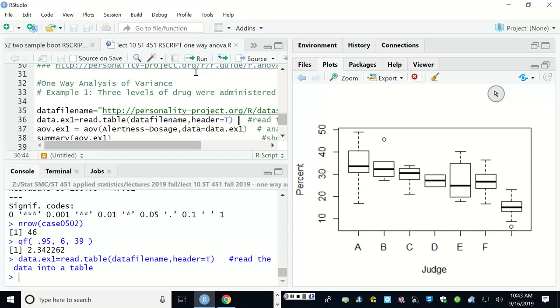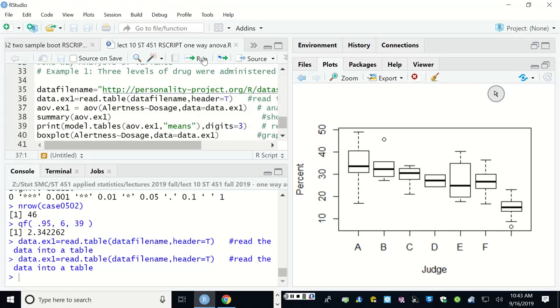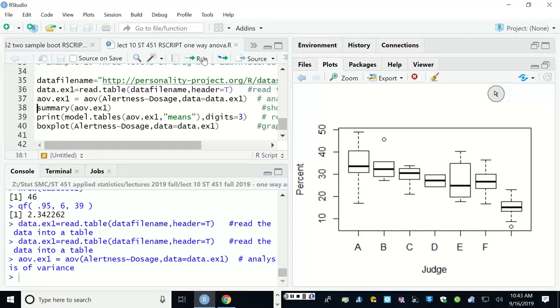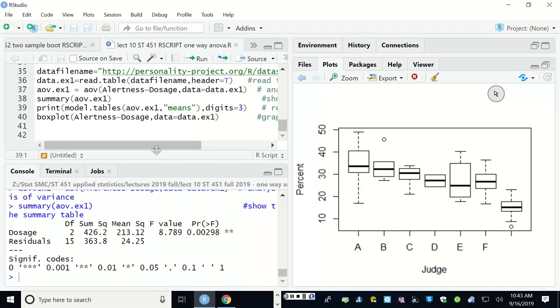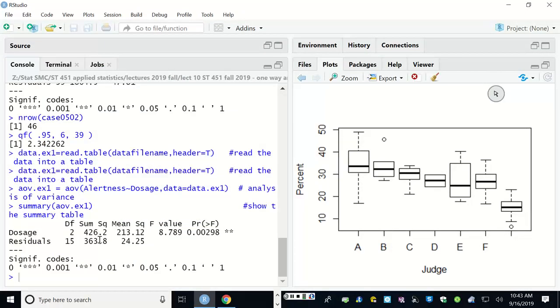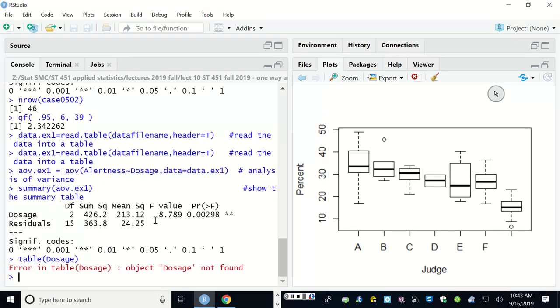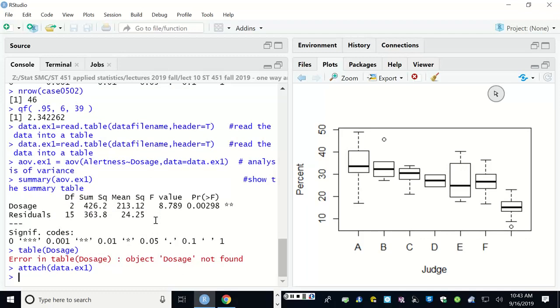It had slightly different variation in code, but there was something about dosages of drugs. Attach the data sample 1 in their world there.